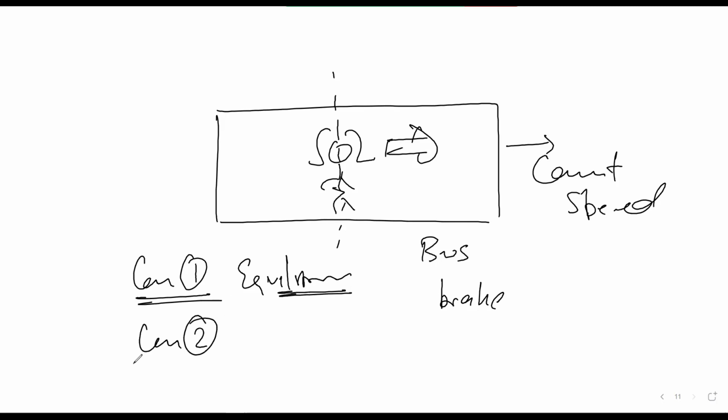Case 2 में when she has moved, the equilibrium has got broken. Are we clear about this? We understood the concept? Yes, understood.